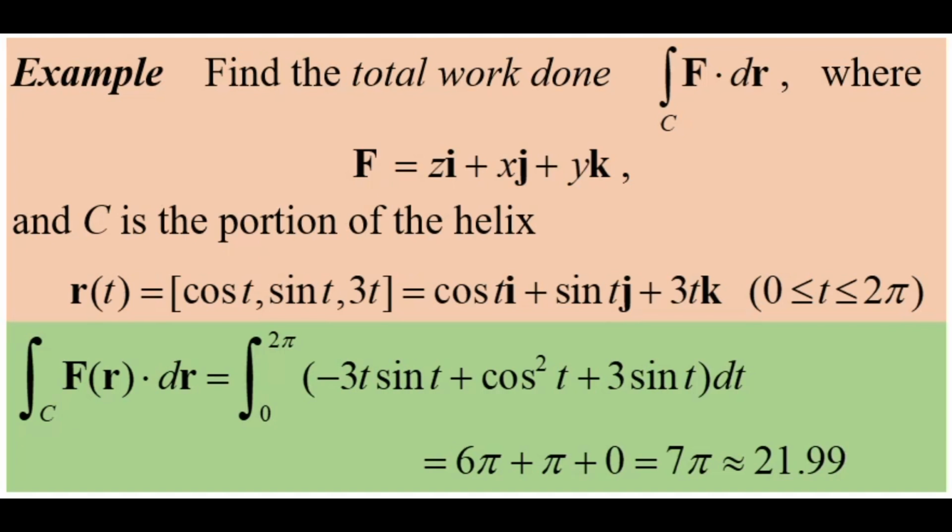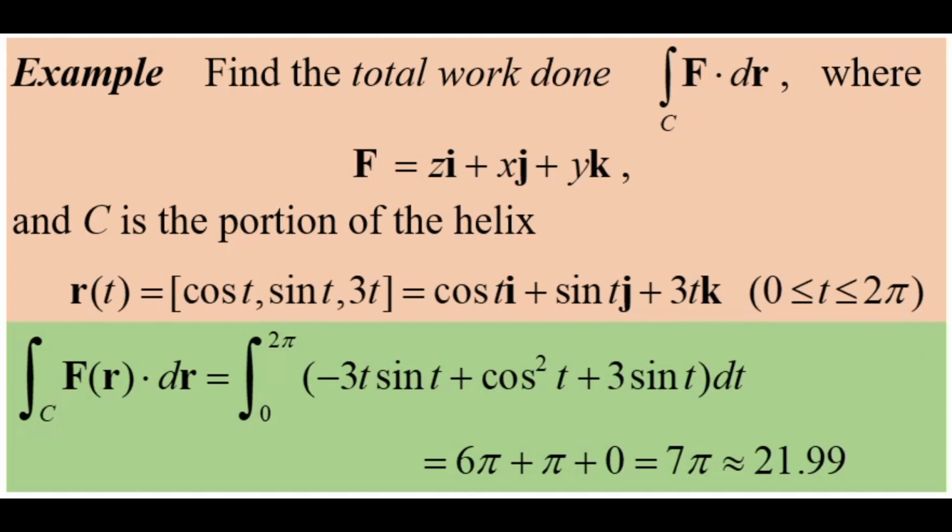As another example, we find the total work done, the integral over C of F dot dr, where F is the vector field z i + x j + y k, and C is the portion of the helix r(t) with the vector valued function given by cos t i + sin t j + 3t k, where t varies over 0 to 2π.